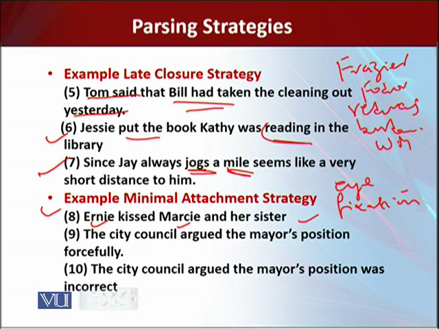Then looking at The city council argued the mayor's position forcefully. Sentence 9 is consistent with minimal attachment in that the adverb forcefully is attached to the current constituent, that is the verb phrase. In contrast, sentence 10 is a complement construction that requires building a new constituent.